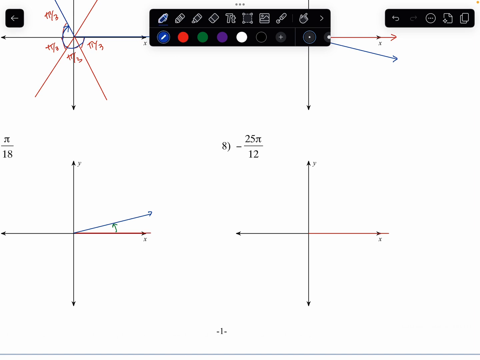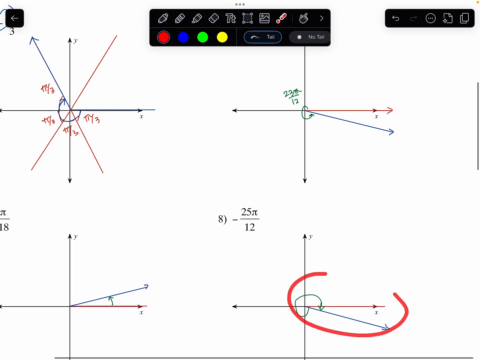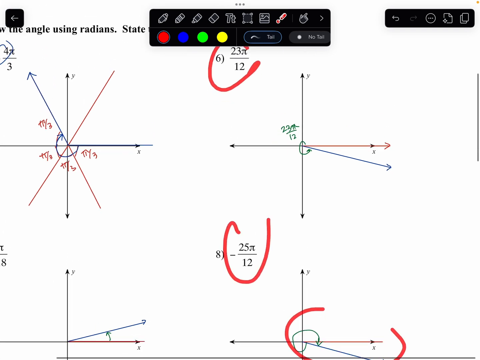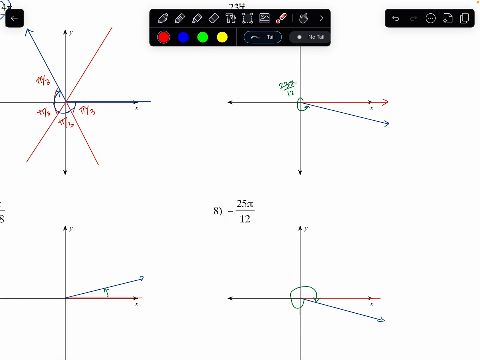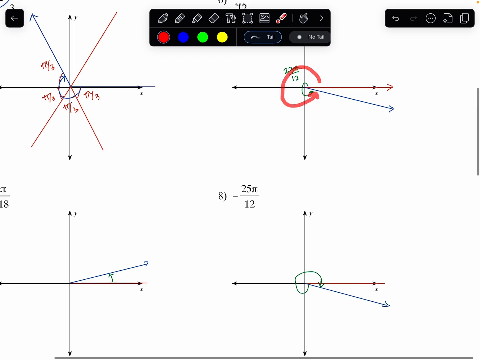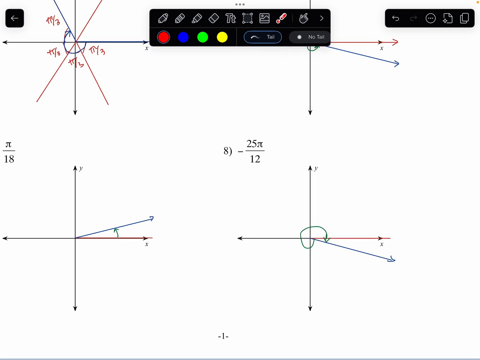We're going to rotate clockwise all the way around, and then go 1 more additional remainder. And you can actually see that this should be the same angle. These are coterminal angles right here. This one rotated counterclockwise 23 pieces, and this one rotated clockwise 25 pieces out of 12.